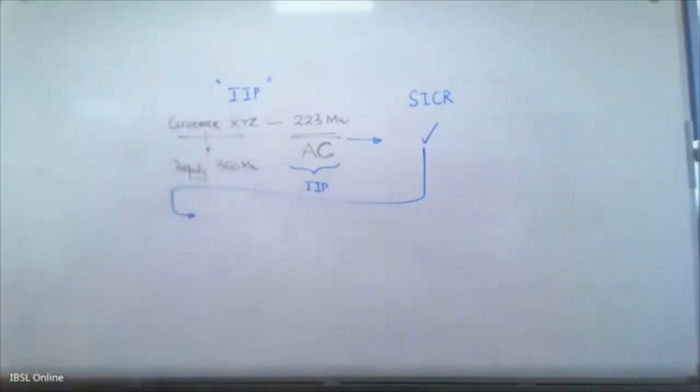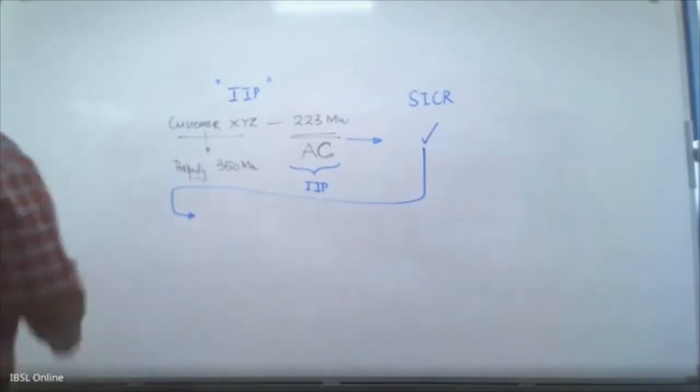But if you think that no, this customer is not in a position to repay because he is already into a loss and one of his factories is closed down, so there are a lot of problems, he is not going to pay me, then comes what we call the cash flow.